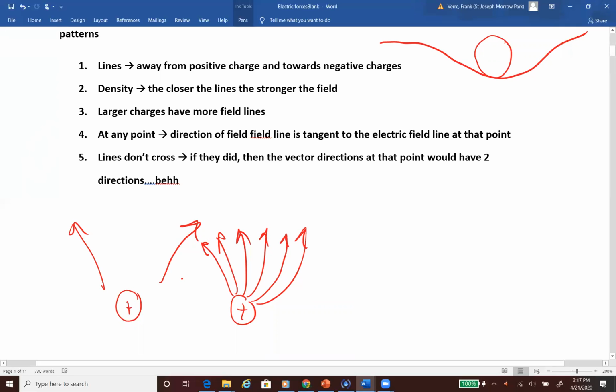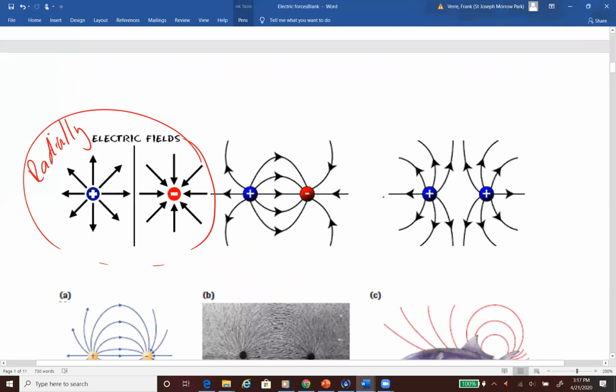The third rule is larger charges have more field lines, so you can see there's a connection between these two. The fourth rule is that at any point, the field line is tangent to the electric field. So if I wanted to know the direction at this point, it would be a tangent to that point. Obviously, if it's a straight line, the direction is just a straight line.